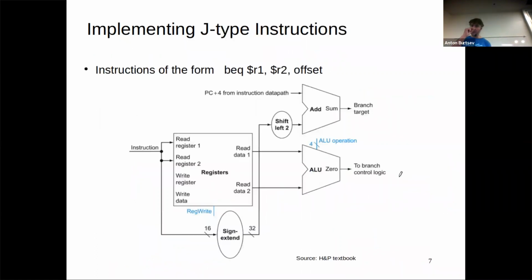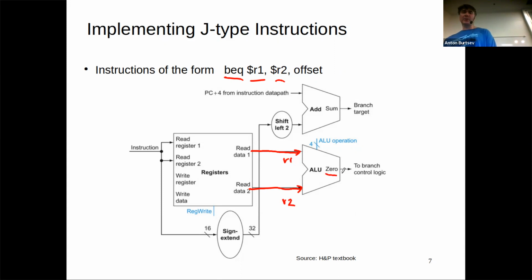Now let's take a look at how we implement this jump instruction. We have this branch on equal, so we have to compare these two registers. Those registers, R1 and R2, will be sent as inputs to our ALU.